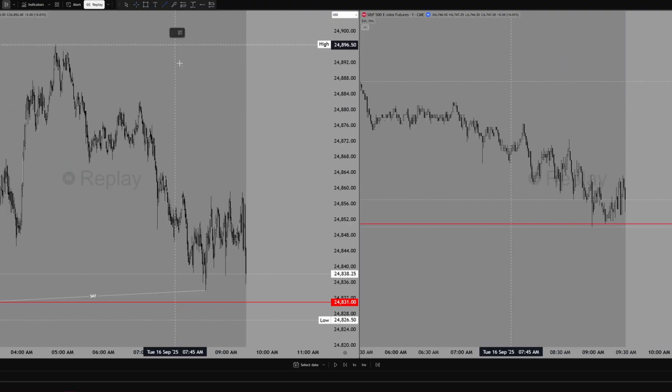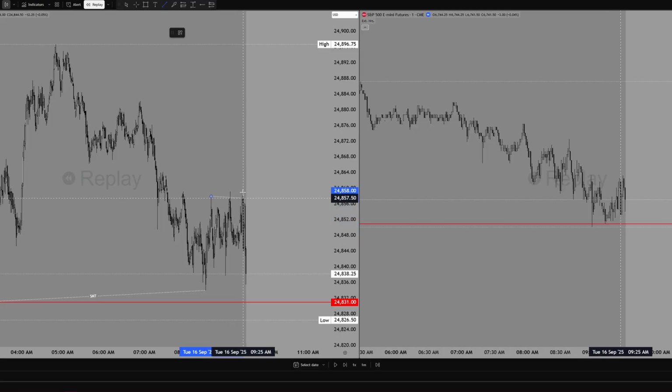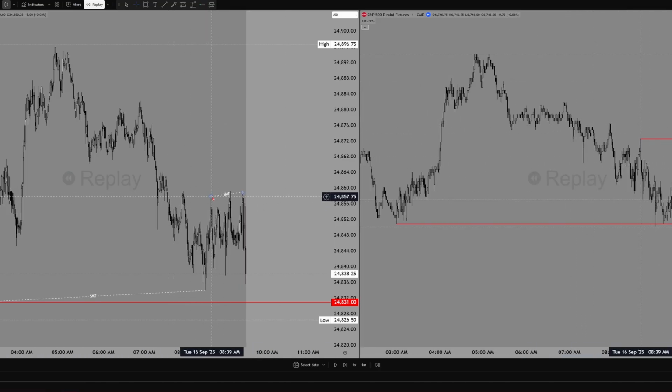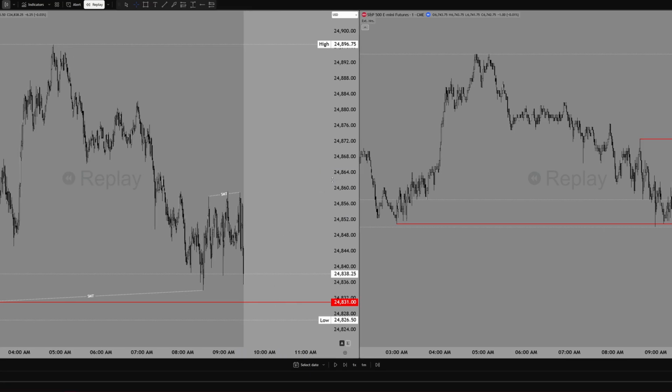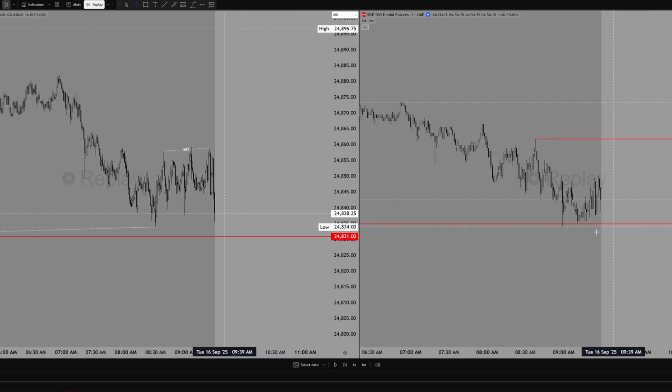Actually, we kind of have this bearish SMT right here, and this here. But let me see. Yeah, so it's gonna be here. Yeah, right there. Bearish SMT, delivering lower. Let's see what happens at the market open.